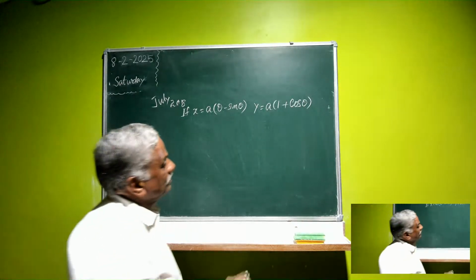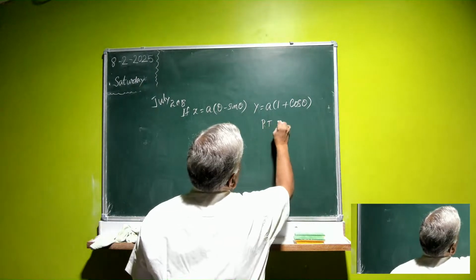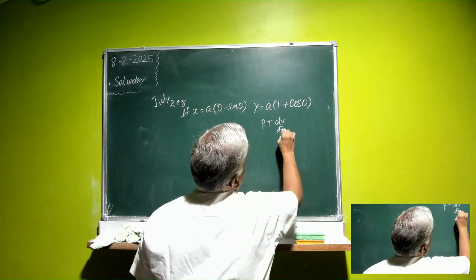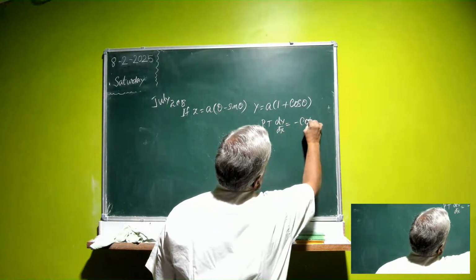Prove that dy by dx is equal to minus cot theta by 2.